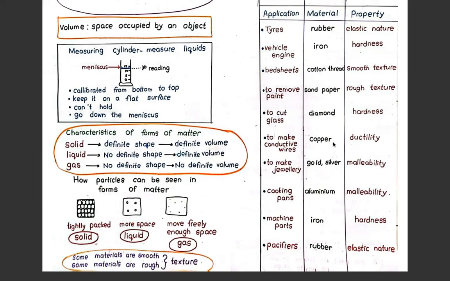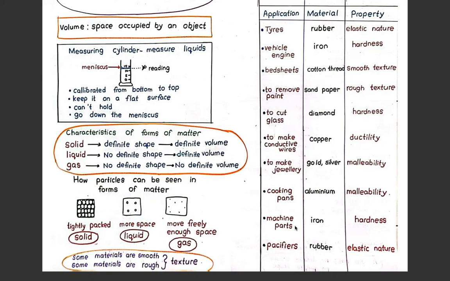They can be bent. To make jewelry, we use gold and silver. So why do we use gold and silver? Because of malleability. Cooking pans, we use aluminium. Why do we use aluminium? Because of malleability. Machine parts, we use iron.